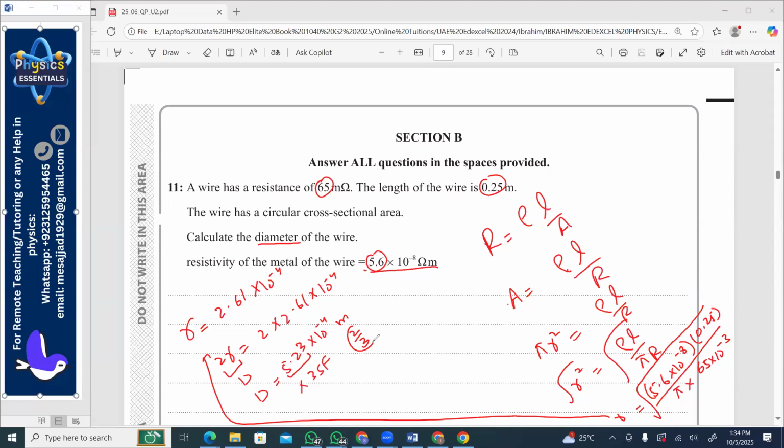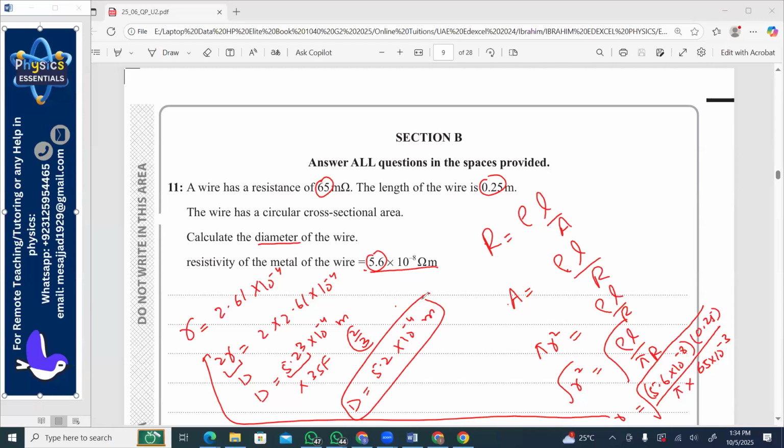So the number of significant figures in the data set and in your answer should be same. For example, you have variable number of significant figures. One is 1, one is 2, one is 3 in the data. So you need to write your answer in the minimum number of significant figures, okay? So therefore, your answer is going to be simply 5.2 into 10 raised to the power minus 4 meters.